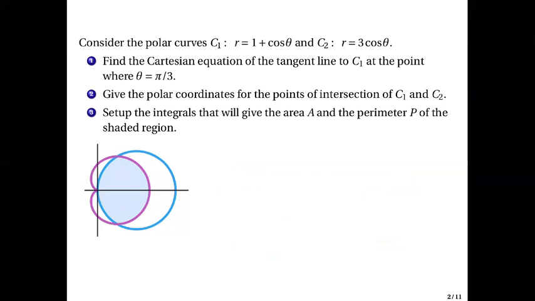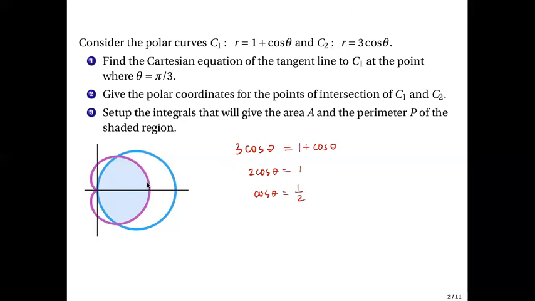So we have 3 cosine theta equals 1 plus cosine theta. So this is now 2 cosine theta equals 1, or cosine theta equals 1/2.